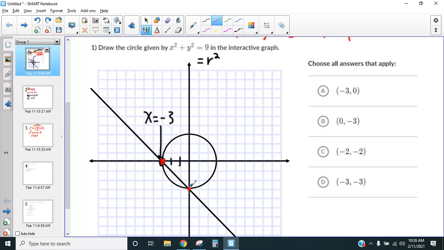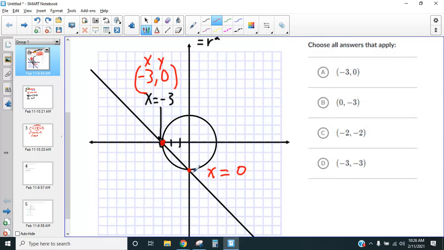The other point's down here where x equaled 0, right? Now x equals 0, correct? And x equals negative 3. Up here, the coordinates would have been negative 3, 0, where this is the x and that's the y. Down here, x equals 0. What's the y coordinate?